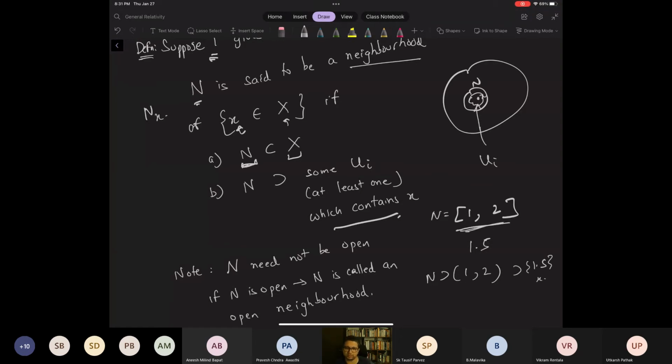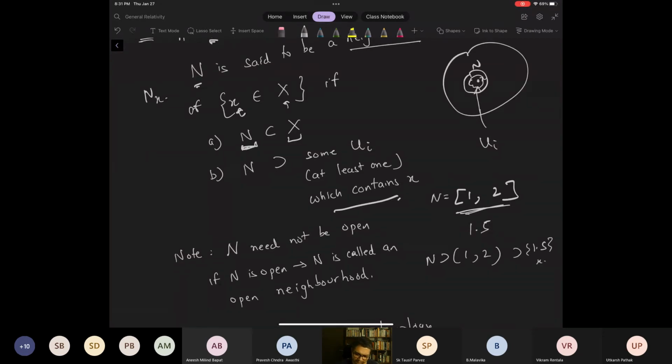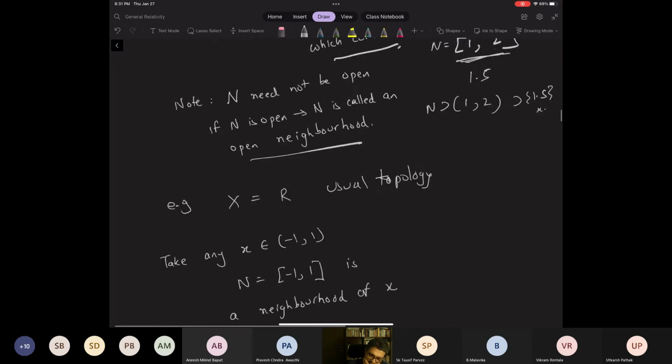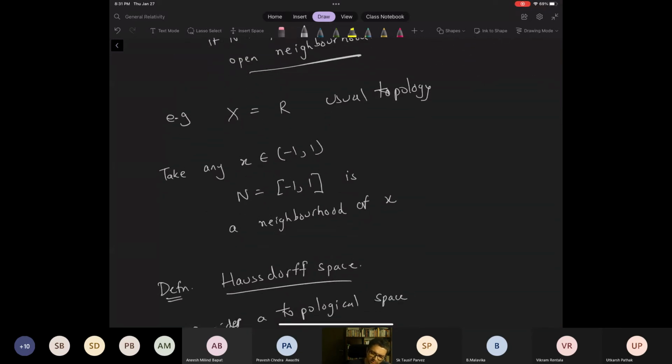Closed sets, half closed sets, these can all be neighborhoods of a point x. So N need not be open. If N is open, then N is called an open neighborhood, but it doesn't have to be open. As I've already given you an example, if you take any x belonging to (-1, 1), then the closed interval [-1, 1] is a neighborhood of x.